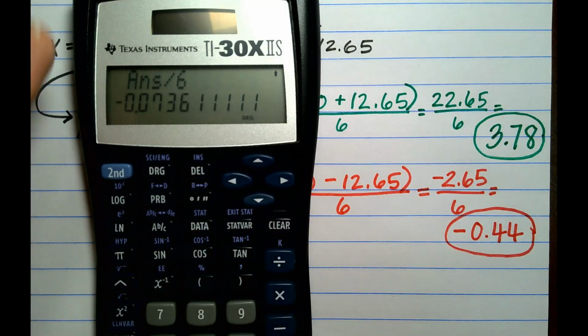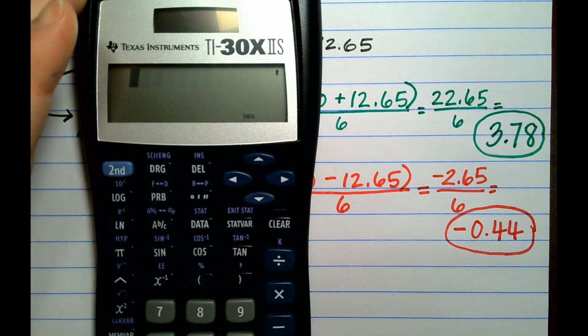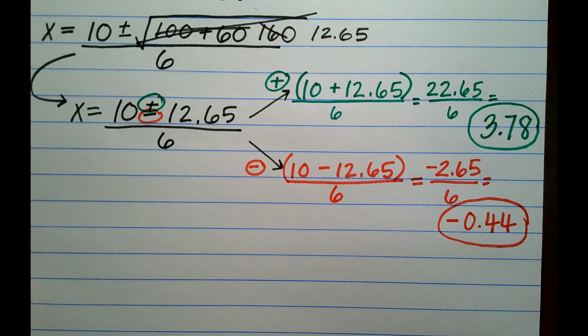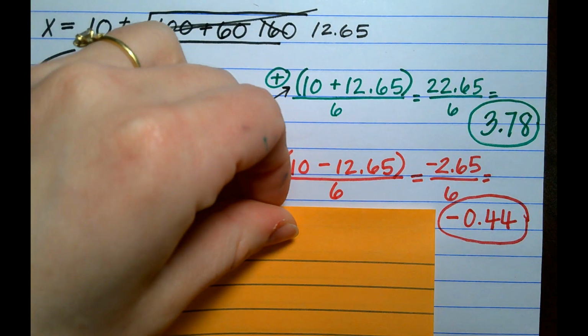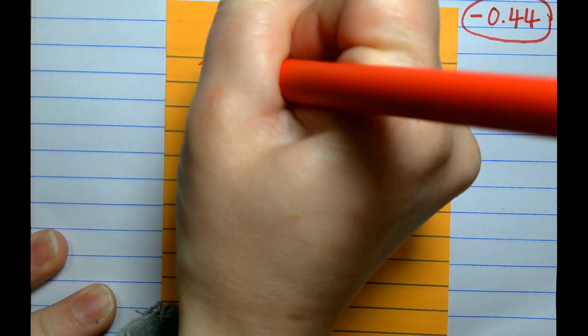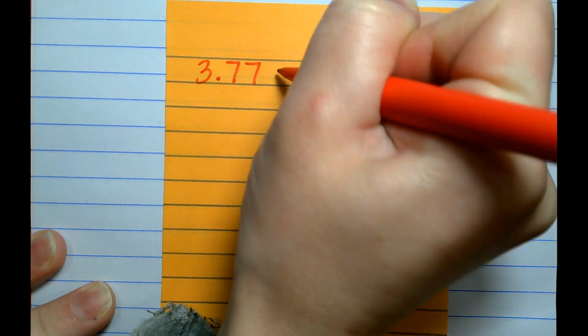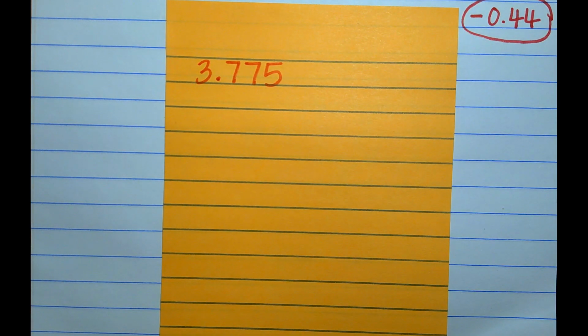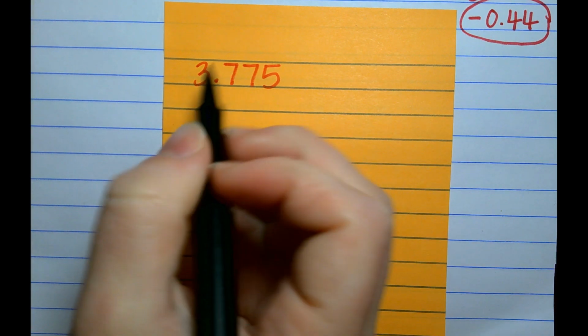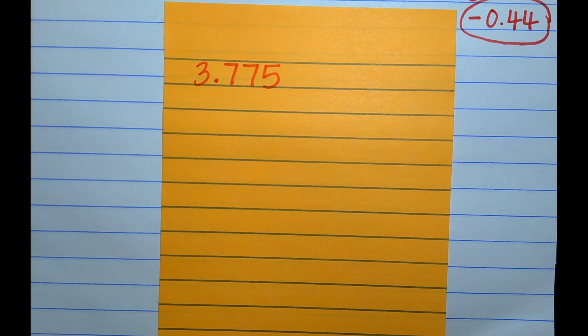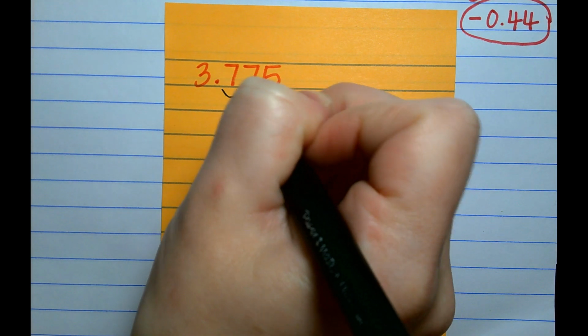I'll show you. Okay, so let's have a quick mini lesson in rounding decimals. Again, I'm not grading you on this, but it is nice to know. So with 3.775, if I want to round, basically I'm saying I only want 2 decimal places.